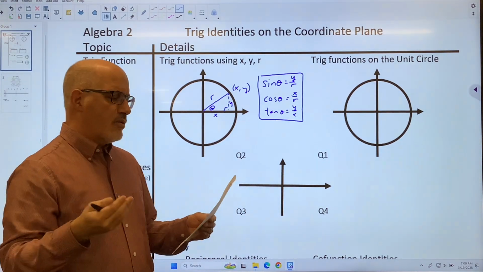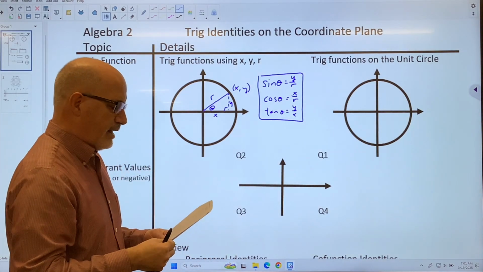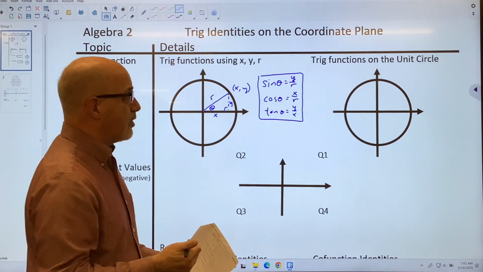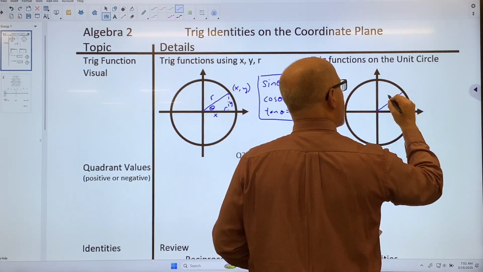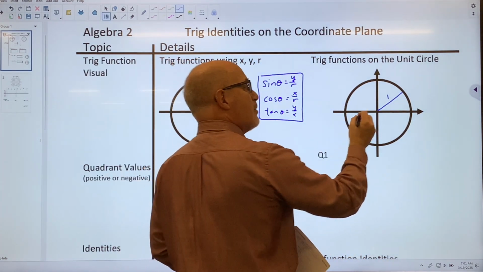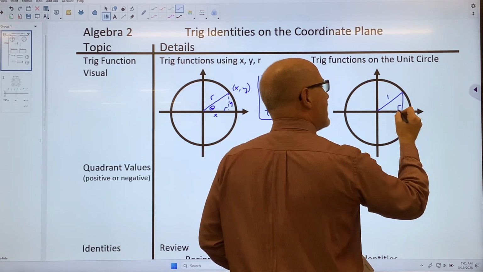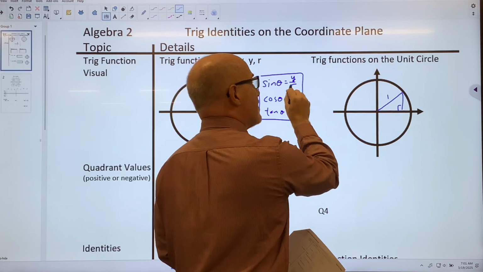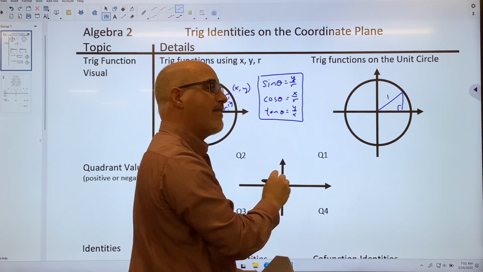And of course we could use their reciprocals as well, but we're going to focus on sine, cosine, and tangent here. Now, if we look at a unit circle where that radius is equal to 1, then notice that when I drop this perpendicular down here, because r is equal to 1, sine is just equal to the y value.